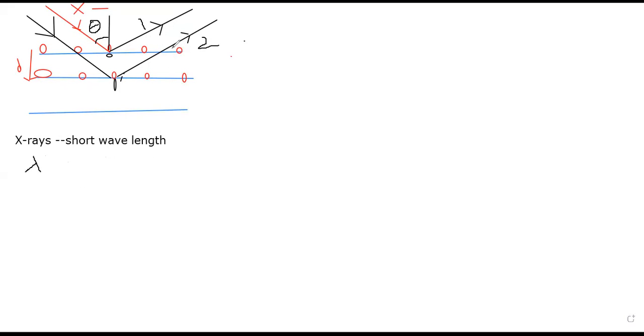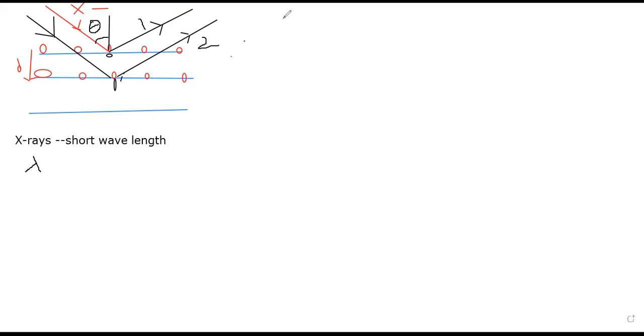To find the condition for maximum intensity of diffraction, if you keep the screen here, you can observe the diffraction pattern. So to identify the maximum intensity, we have to calculate the path difference between these two, 1 and 2. There is a path difference between 1 and 2.